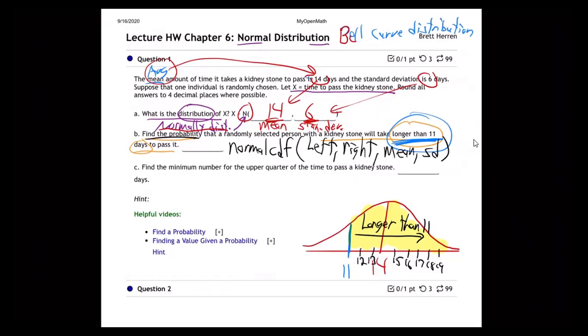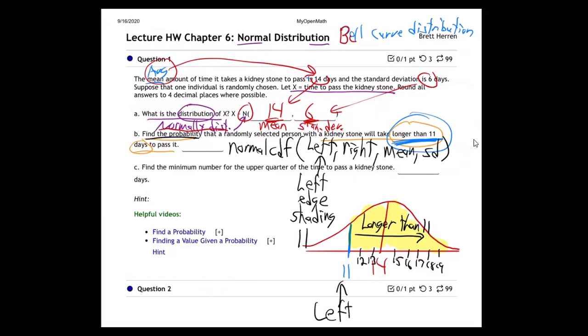Now, what do they mean by left and right and all that stuff? They mean the left edge of the shading or the highlighted region, which is 11. See, it's right there.